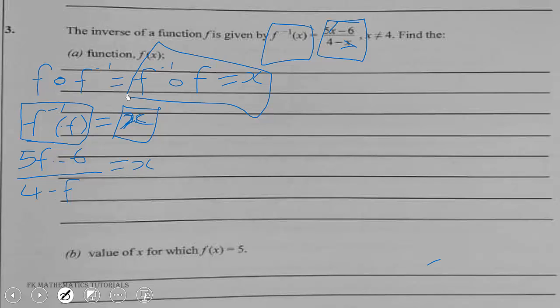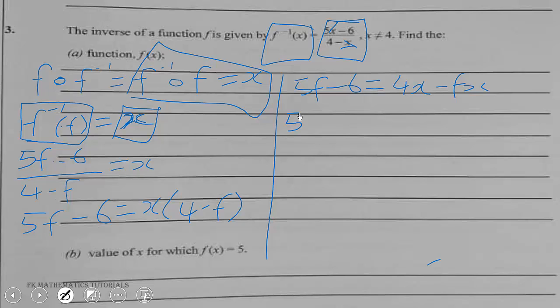So 5f minus 6 is equal to x into bracket 4 minus f. So 5f minus 6 will be equal to 4x minus fx. So we are making f the subject, so we group the terms containing f. So 5f plus fx is equal to 4x plus 6.